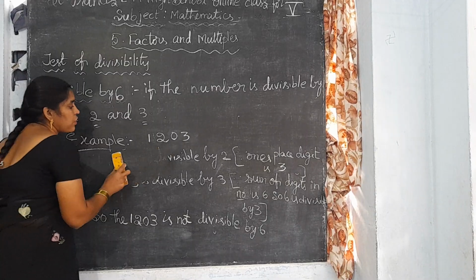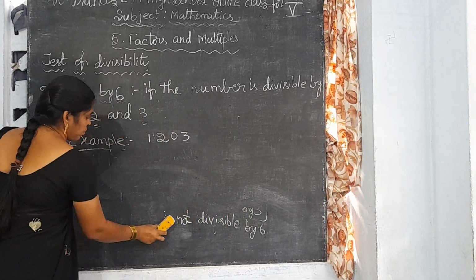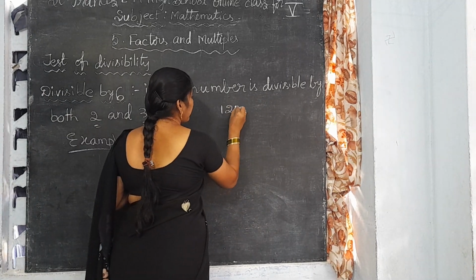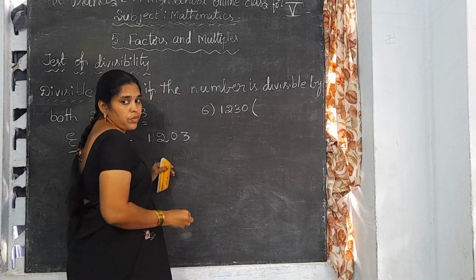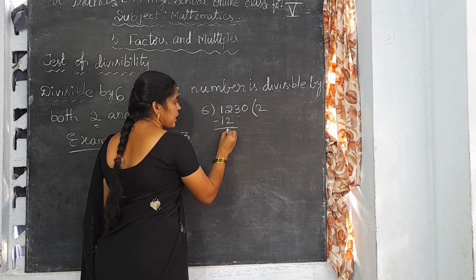See, by actual division, see here. The first number I took, 1230, divided by 6. 6 twos are 12. Then do subtraction, remainder is 0.